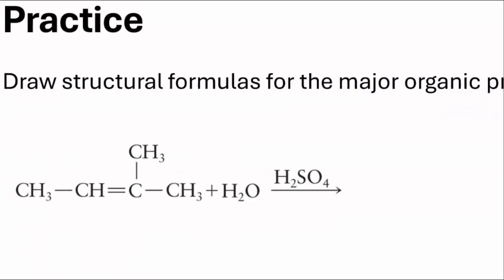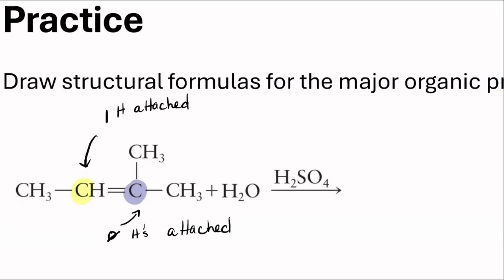What happens in this alkene is that when we investigate the carbons in the double bond, which is this one and this one, we can see that this has one H attached. This has 0 H's attached.